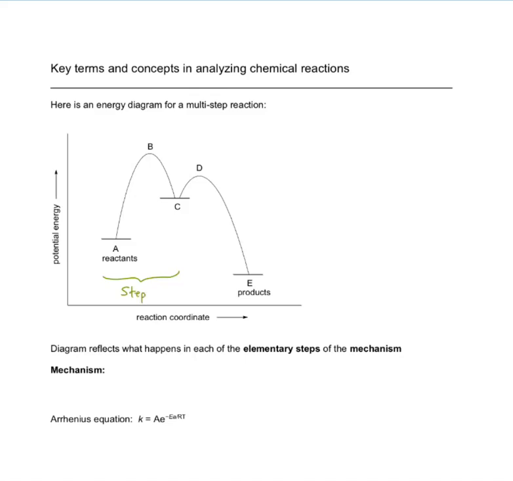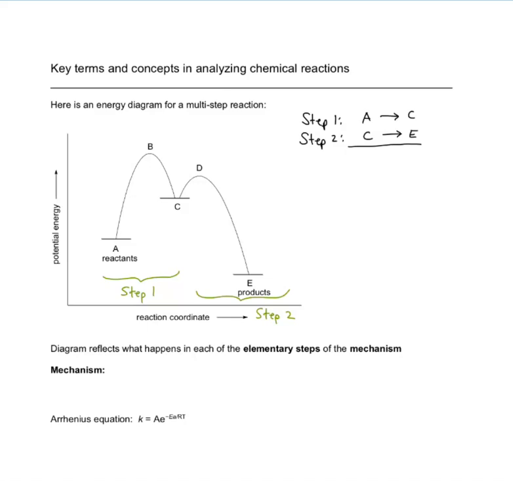So going from A to C is step 1, we'll call it. And going from C to E is step 2. These are what are called the elementary steps in the reaction.